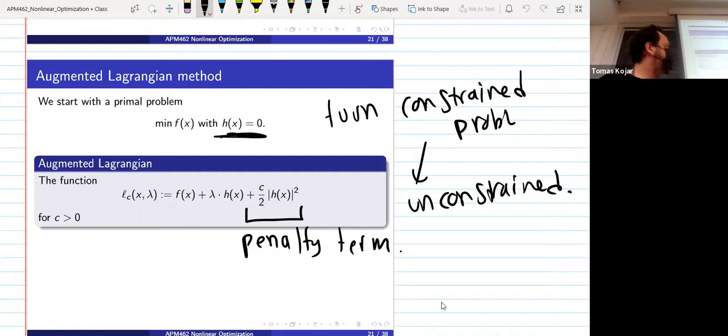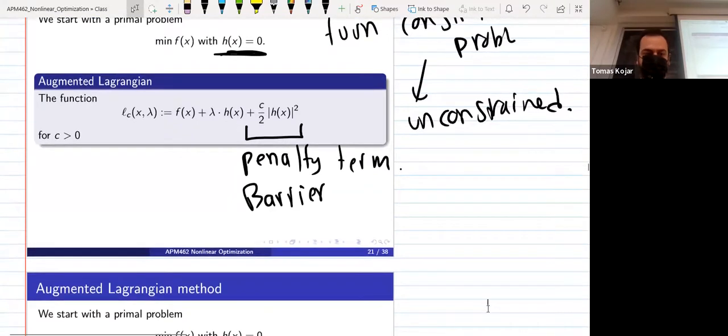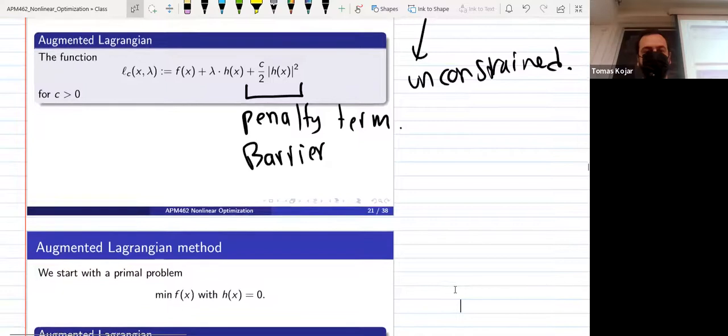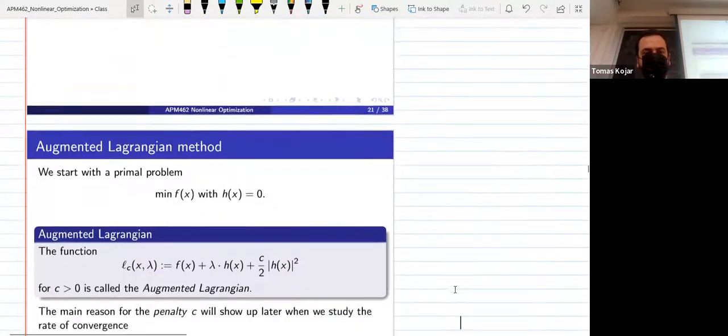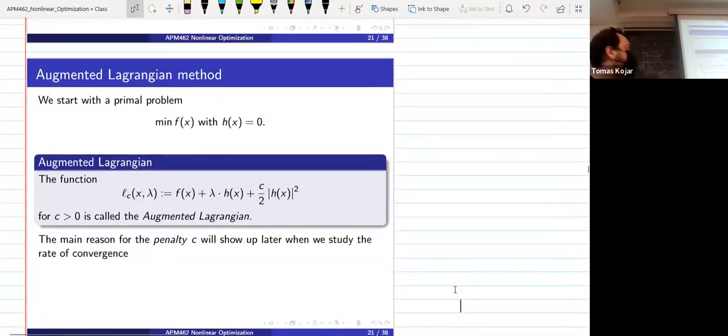We could spend a whole month talking about penalty and barrier methods, but they're all about forgetting constrained optimization and going into unconstrained, which is second year calculus. So this is called the Augmented Lagrangian. And this C will show up later on when we get the rate.